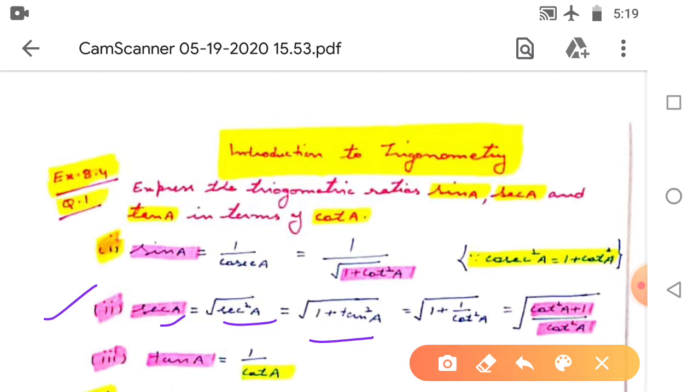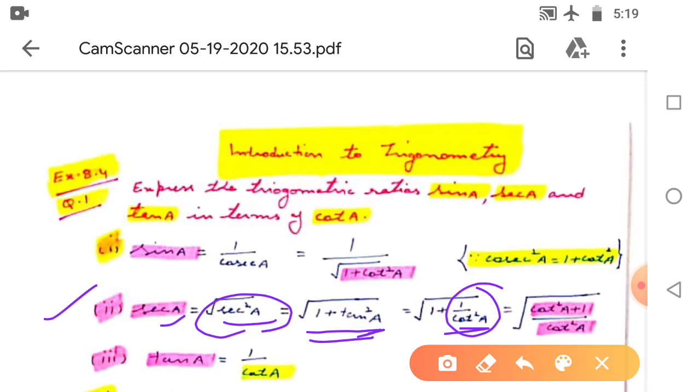So in place of sec square A, we write 1 plus tan square A. Clear? And we know the relation between tan A and cot A. Tan A is equal to 1 upon cot A. So tan square A is equal to 1 upon cot square A.